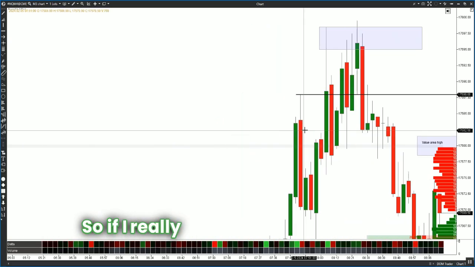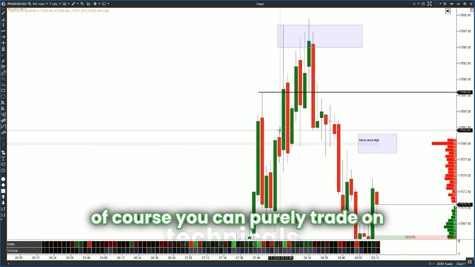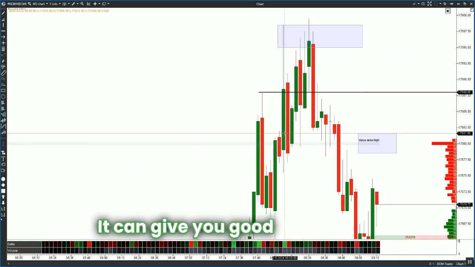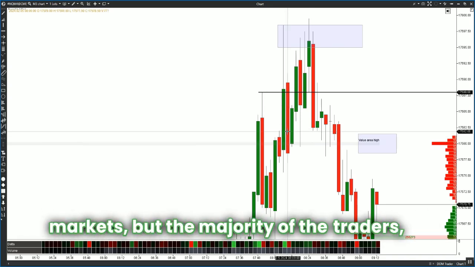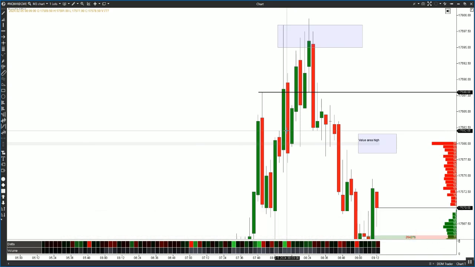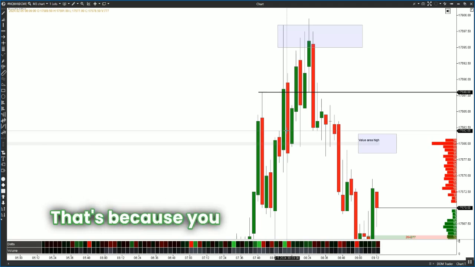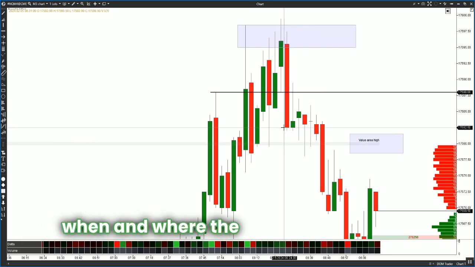So if I purely trade on the technicals, of course you can purely trade on technicals. It can give you good clues in the markets, but the majority of traders, as we know from the statistics, are losing. That's because you cannot exactly explain when and where the market would shift.